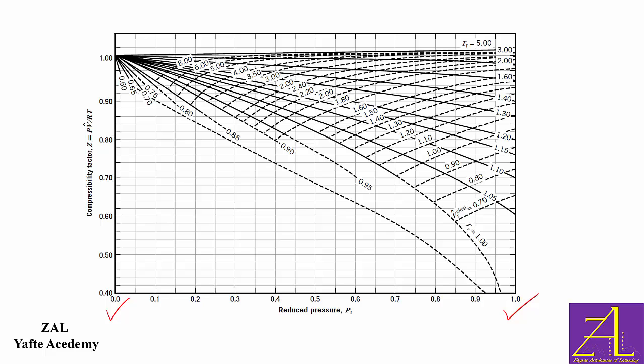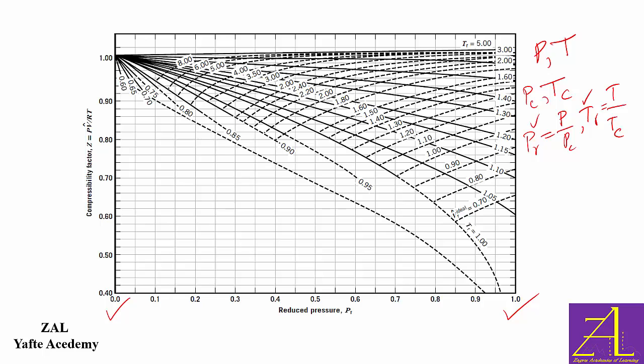Suppose in a problem I have a pressure and temperature and I know what the component is. I am going to go to the tables and get the PC and TC of that component. Then I am going to calculate PR equals P over PC and also TR equals T over Tc.